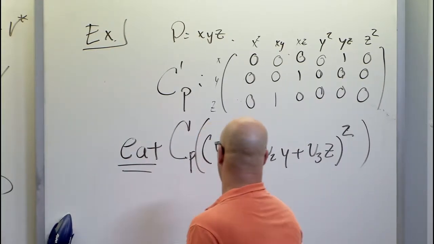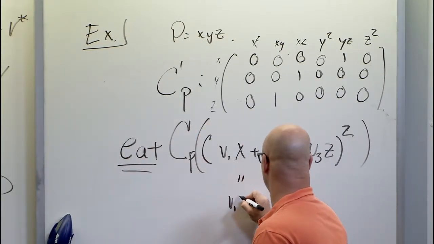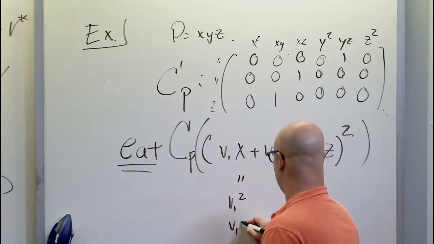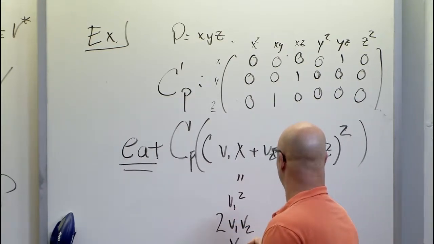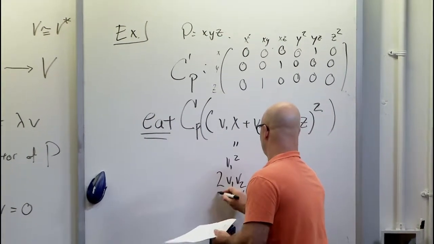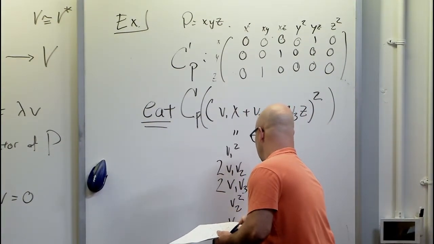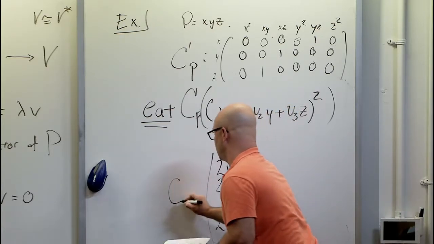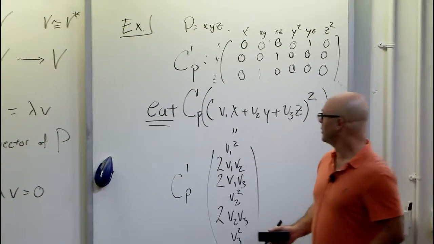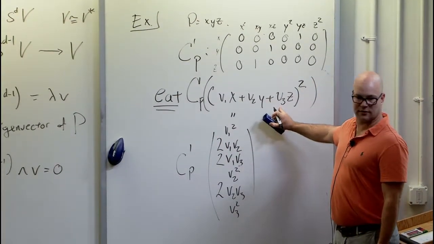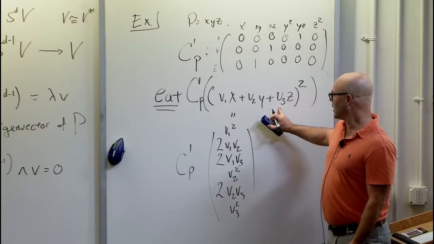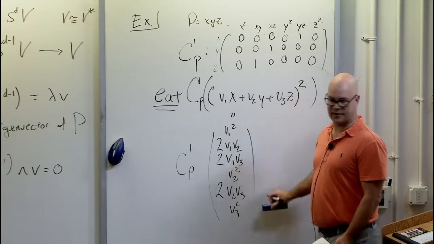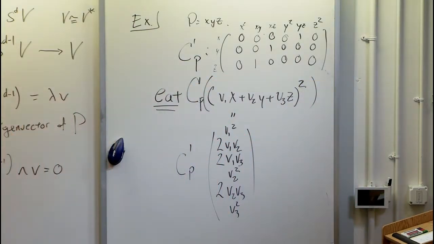So this is also equal to v1 squared, v1 v2 with a 2, v1 v3 with a 2, v2 squared, v2 v3 with a 2 in front, and then v3 squared. This vector, okay. Is it clear? I just used the variables x, y, and z to hold places, but then I square this out, and this is the vector I'm actually feeding my matrix.